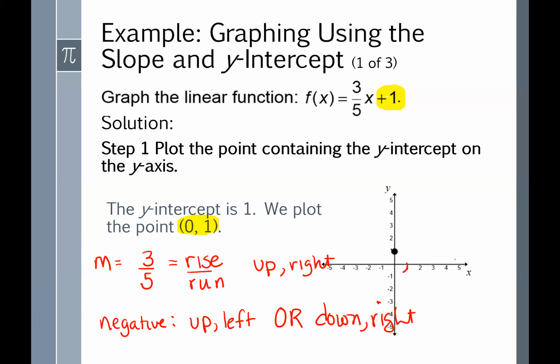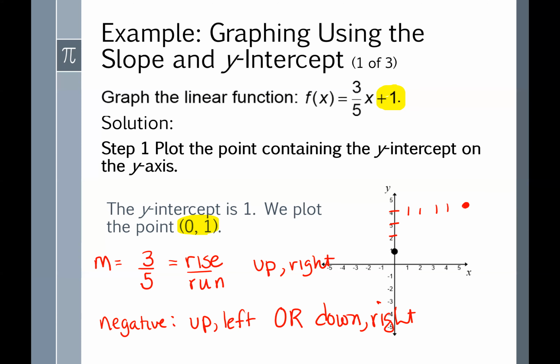So we're going to go up 3 from the y-intercept. So we're going to go up 3, 1, 2, 3. And the denominator of our slope, the run, tells us the magnitude we're going to go in the x direction. So we're going to go 1, 2, 3, 4, 5. So we're going to end up at that point right there.